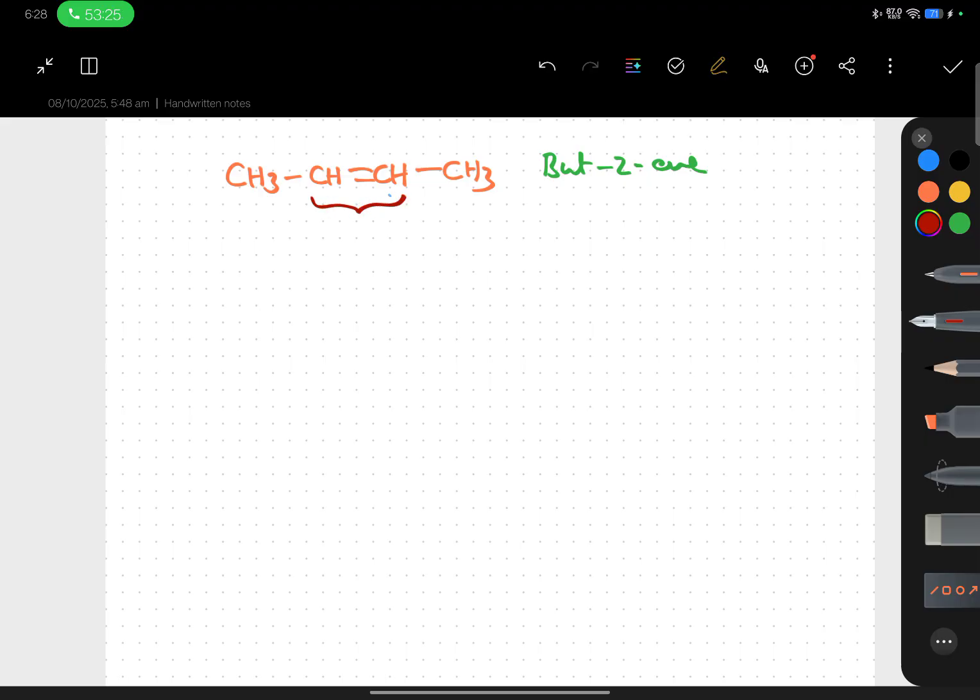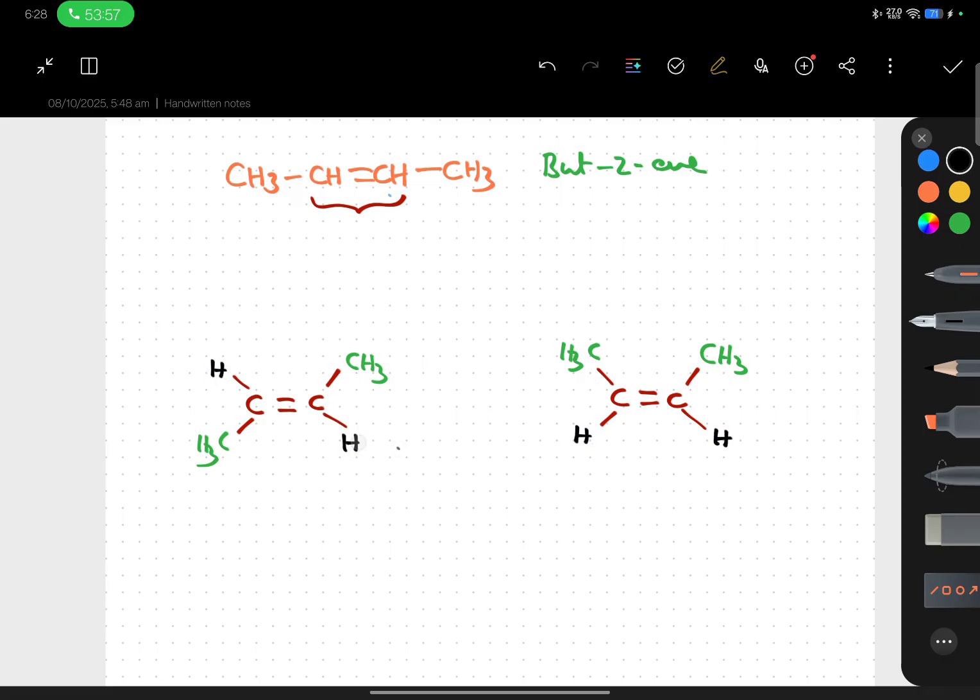So I'll write these two carbons first, C double bond C, and then you draw the bonds like this. What is attached to the C double bond C? Two hydrogens, two methyls. The methyl can be on the same side, or the methyl can be in the opposite direction, while hydrogen can be on the same side or in the opposite direction.